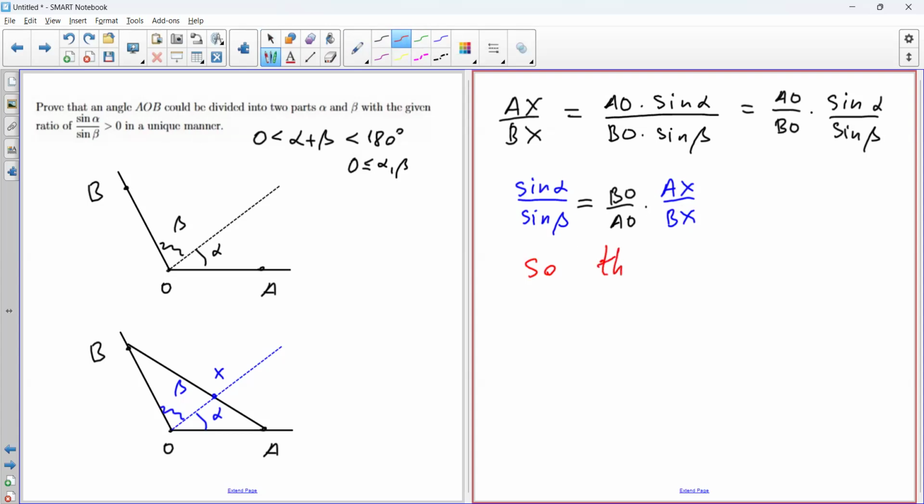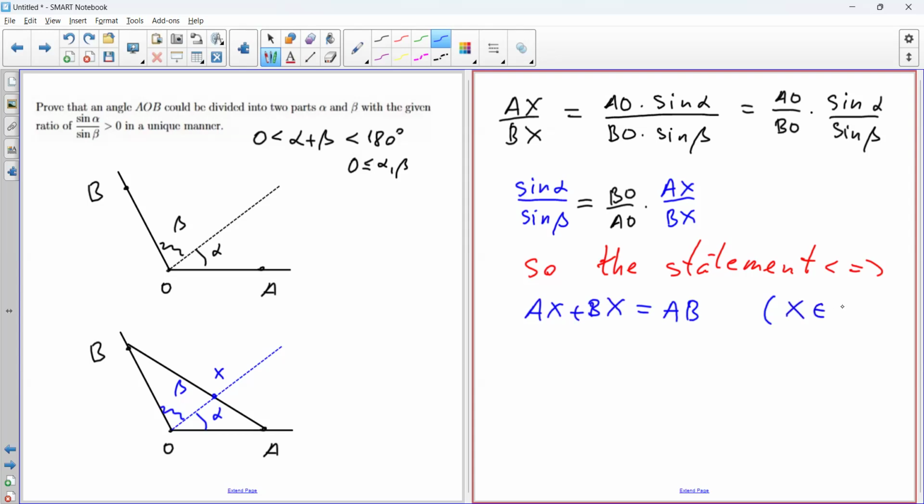So the statement becomes equivalent to the statement about the segments AX plus BX equals AB, and X is the internal point. Like maybe not internal, but it belongs to the segment. It may be either an internal point or the end point of the segment.